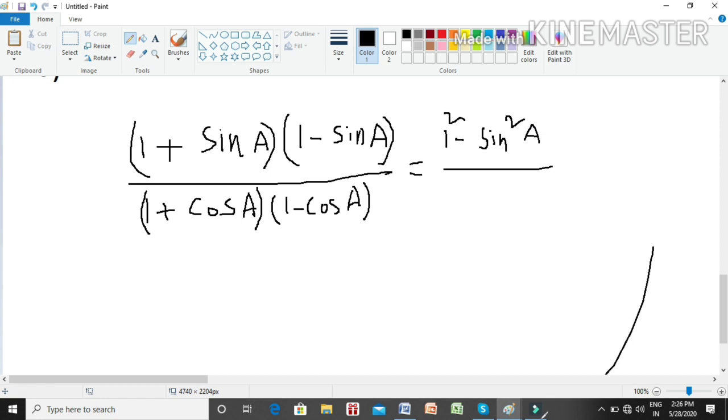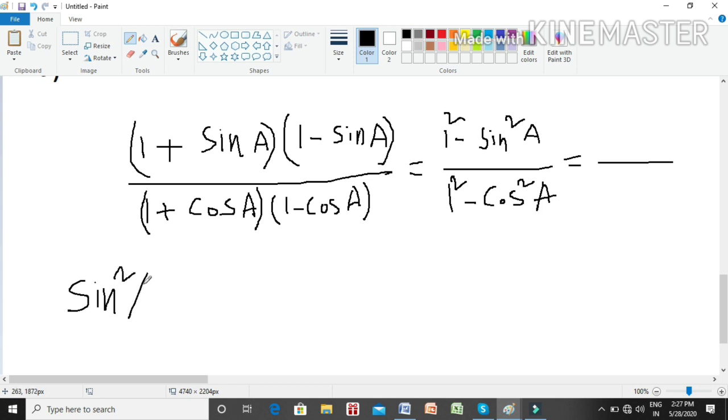Similarly, here also we can write 1 square minus cos square A. Now what can we conclude from here? 1 square minus sin square A, that means 1 minus sin square A. Again, there is a formula, let me write it down: sin square theta plus cos square theta equals 1.